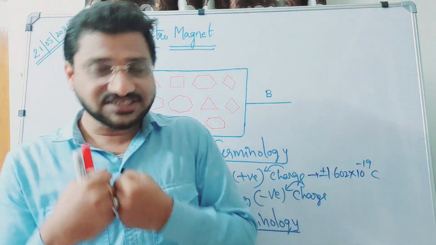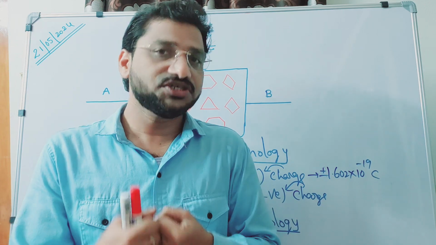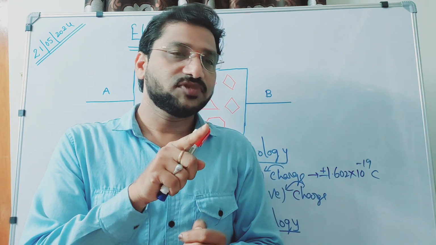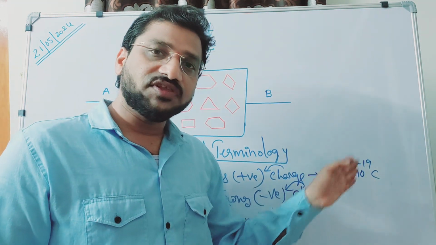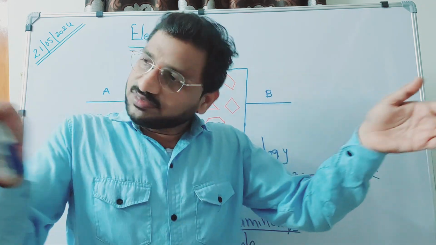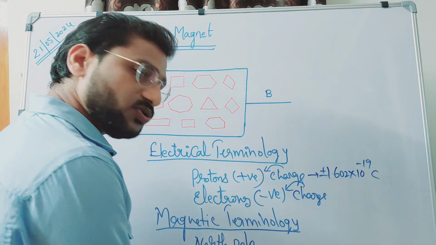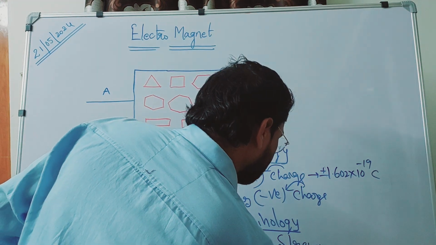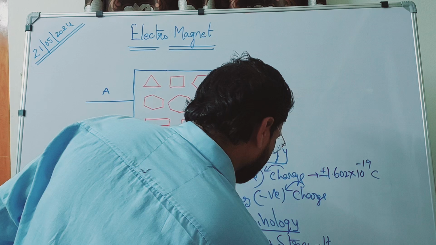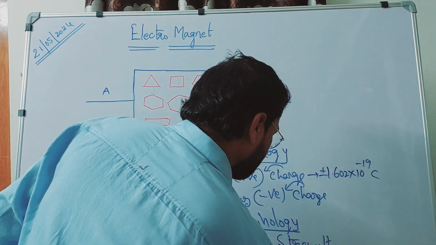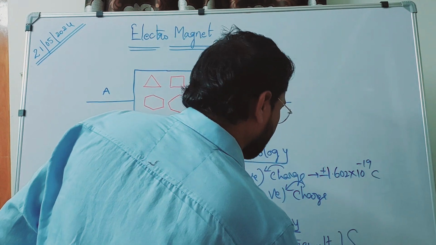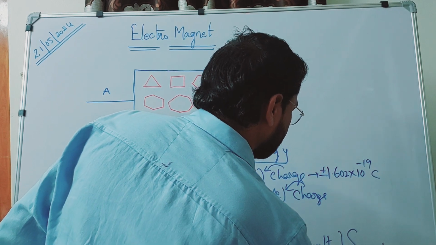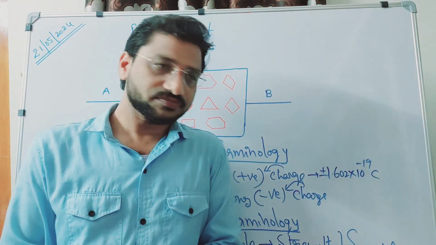That means the net strength of the north and south pole combination is 0. Like here, the net charge of the proton and electron in an atom in the absence of a power supply is 0. Similarly, here also, the strength of the north pole and the strength of the south pole are the same, but opposite in nature.